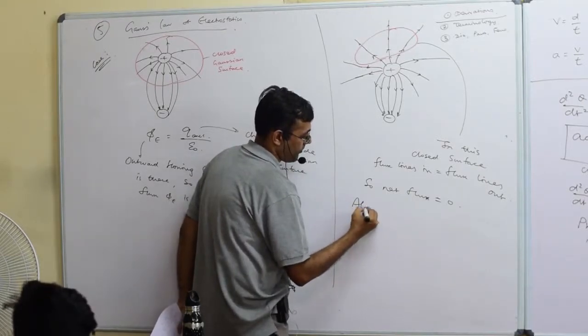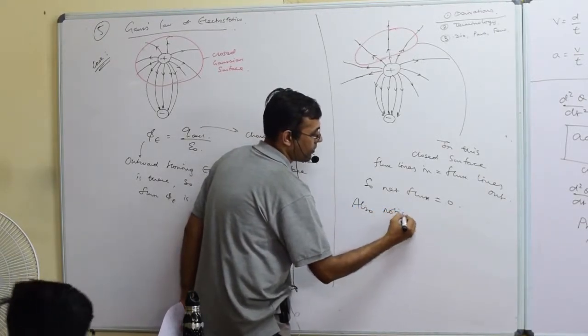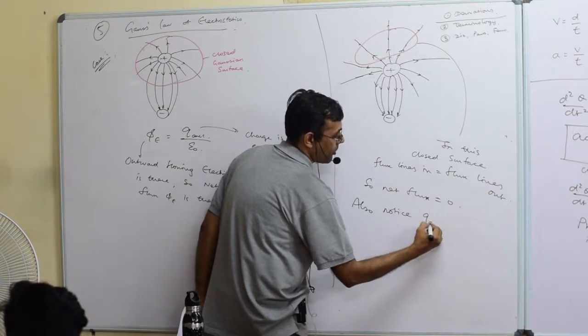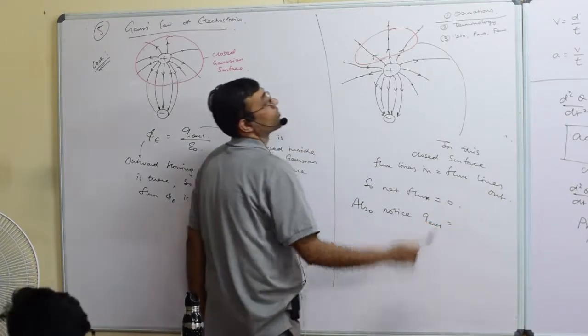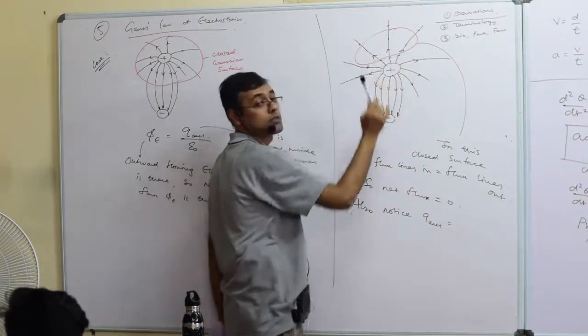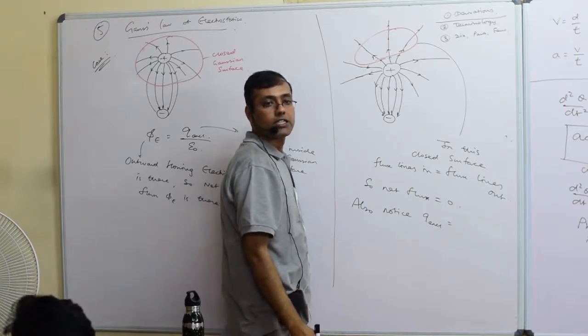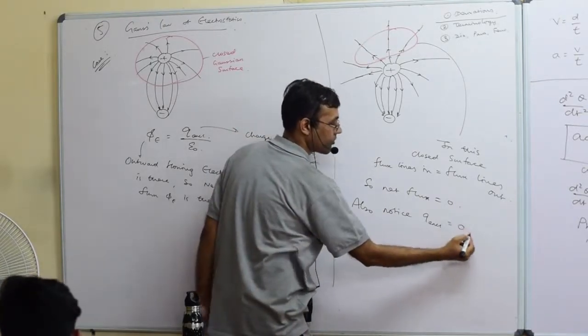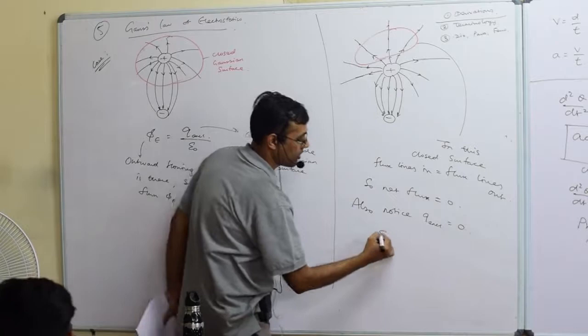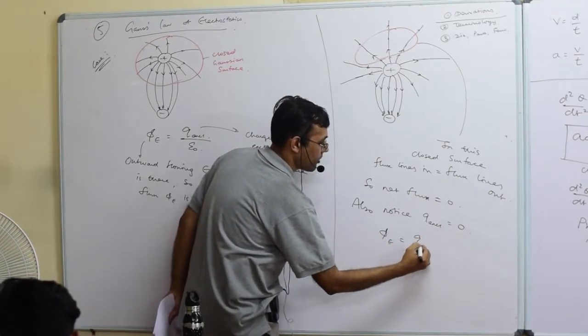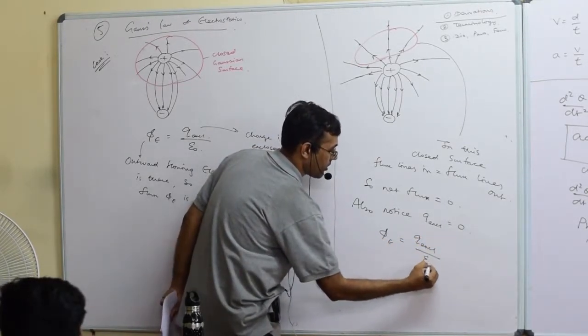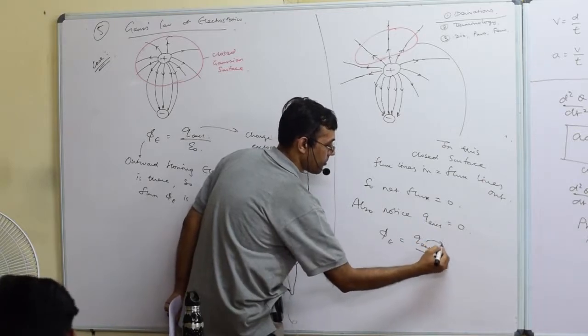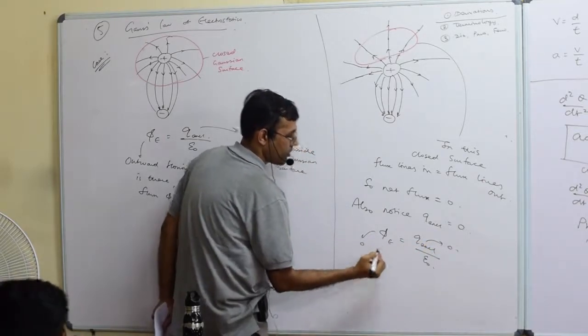Also notice Q enclosed is equal to, what is Q enclosed here? Is there any charge here? Is there any charge? No, that means Q enclosed is 0. So if you apply the Gauss law, you will see that this is 0, this is also 0.